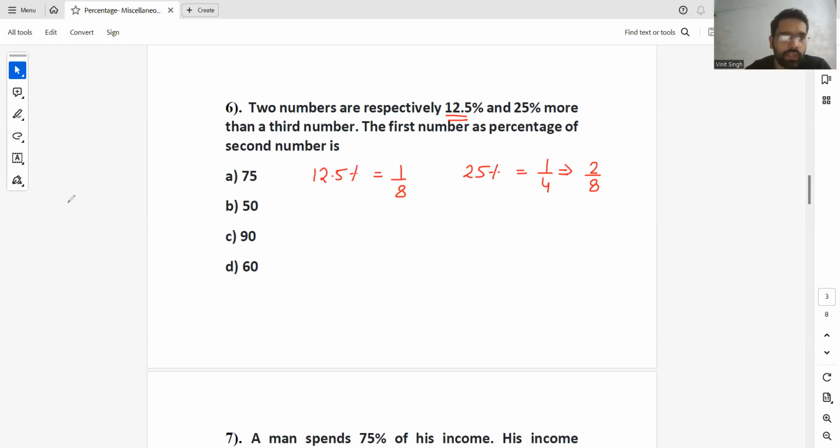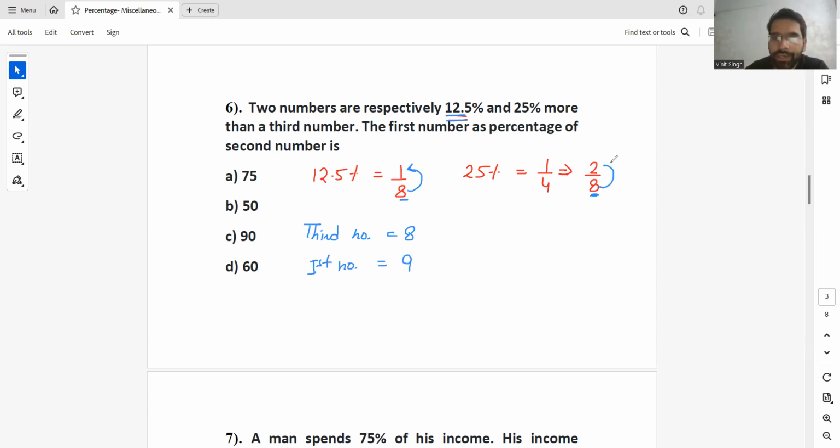In the denominator, we are getting 8 common, so we will take the third number as 8. The first number is 12.5% more, so the first number will be 8 plus 1, 9.